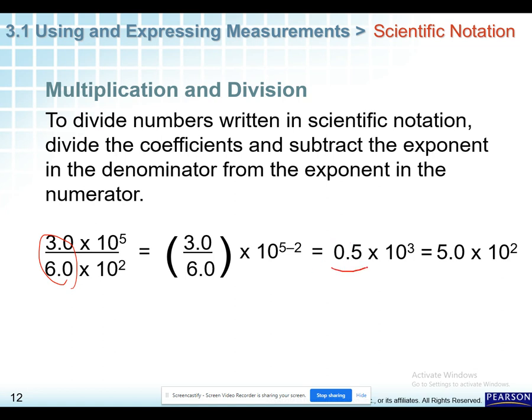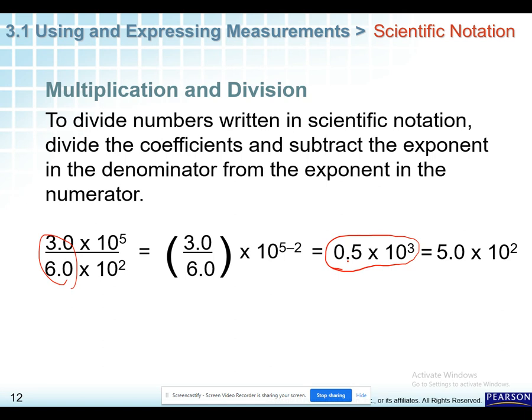Now right here, you may see a number. I always ask the class, is this improper scientific notation? If you said no, you are correct. The reason this is not improper scientific notation is because this number right here is not between 1 and 10.